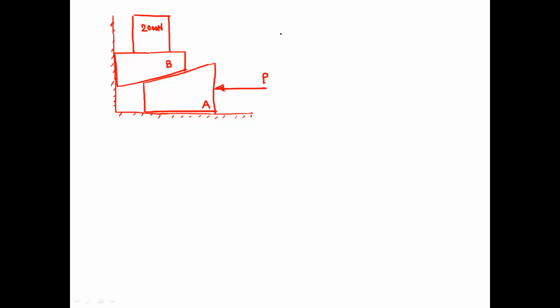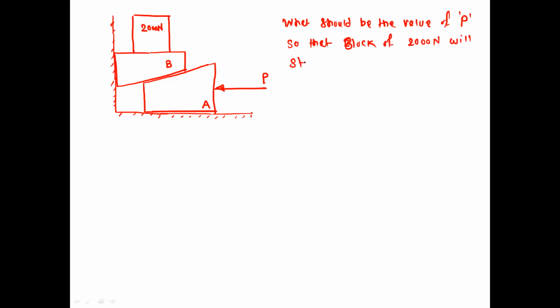So we have to determine what should be the value of the external force P so that the block of 2000 Newton will start moving in the upward direction.